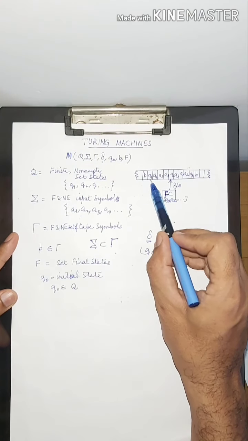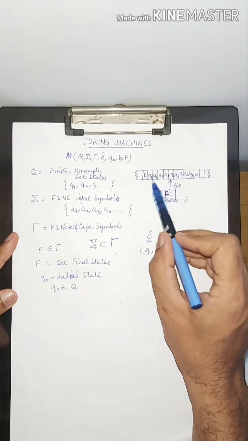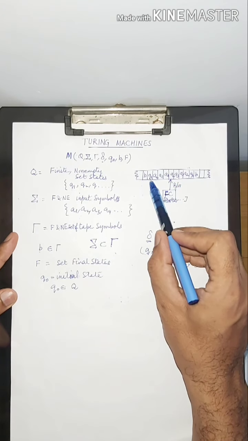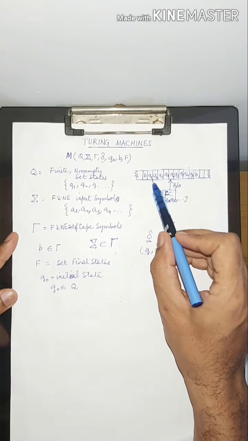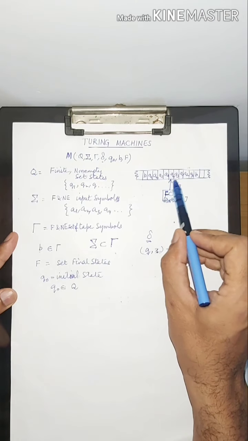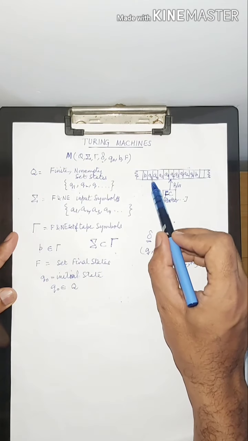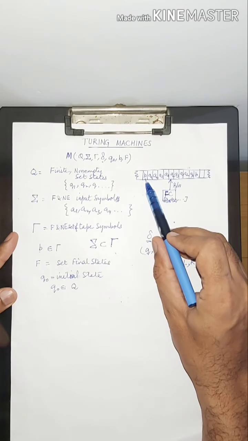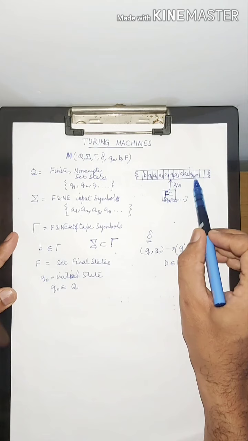This tape is divided into cells, and each cell can contain a single symbol. We will learn in detail what symbols are. Every cell can contain only one symbol, and usually these symbols are used as sentinels of boundaries of this string.